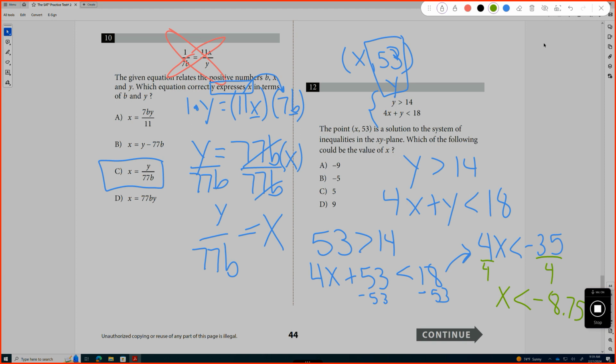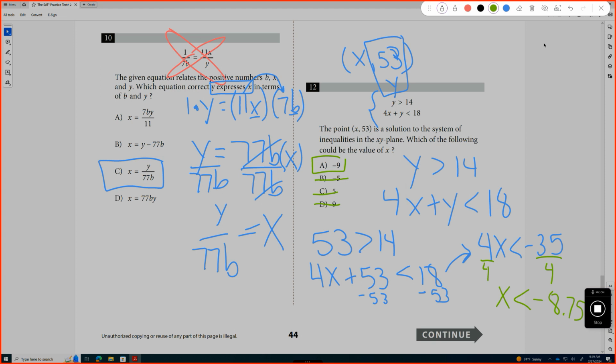Which number is less than that? 9 is not less than a negative number. 5 is not less than a negative number. Negative 5 is not less than negative 8. So it has to be negative 9. It has to be to the left of negative 8.75 on the number line. So that's your answer. One more page to go.